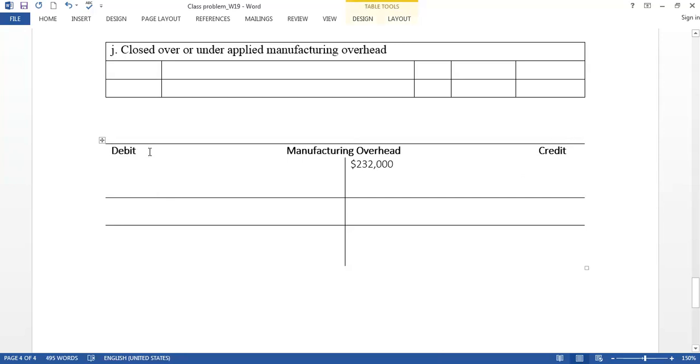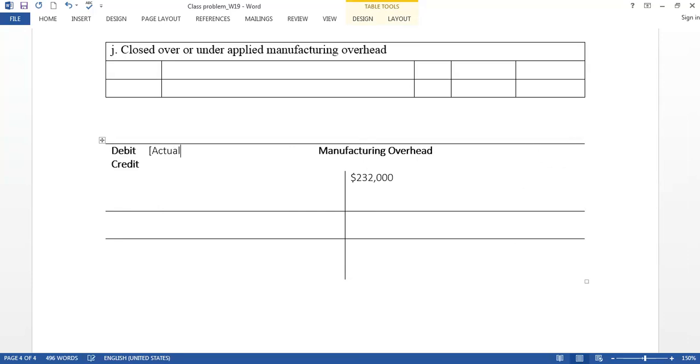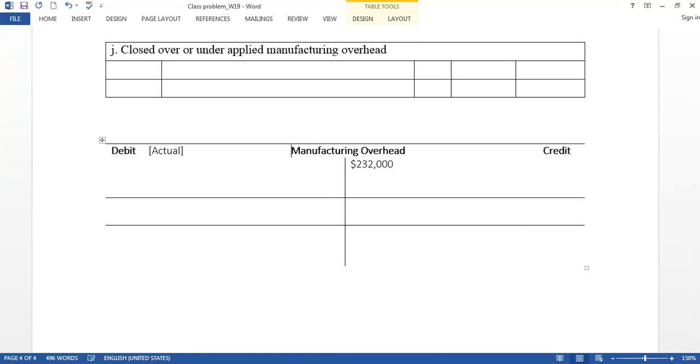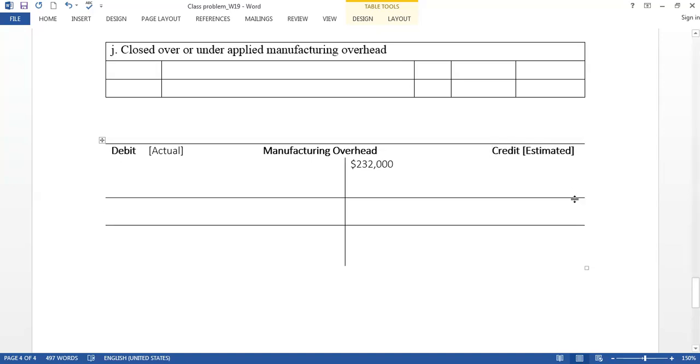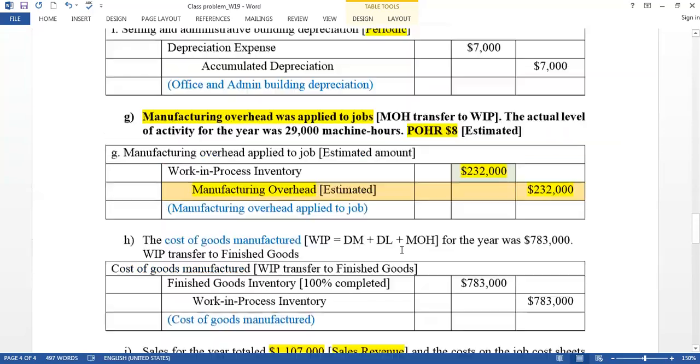Debit means actual, and credit means estimated. So we find that one item is credit. That means estimated amount. We estimate one time, and it is credit.